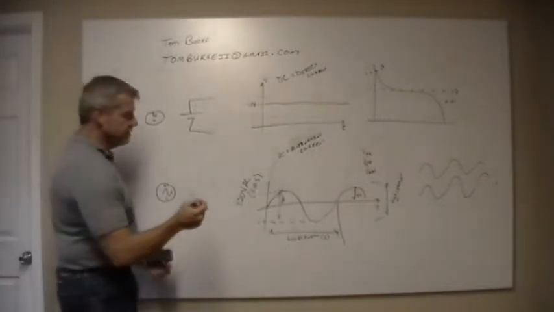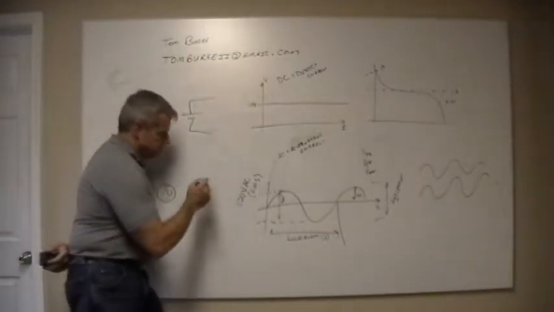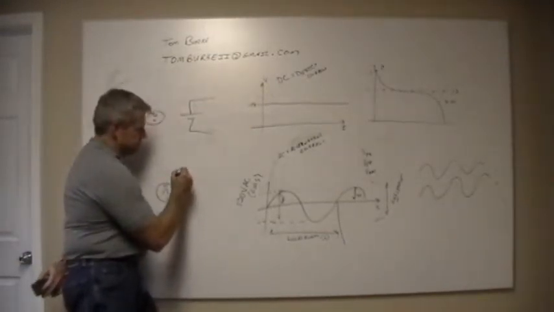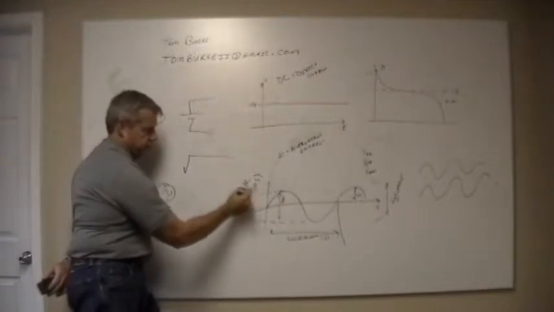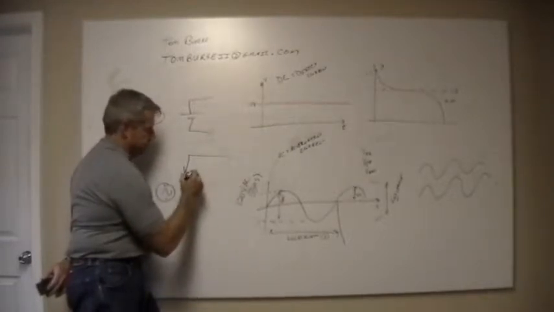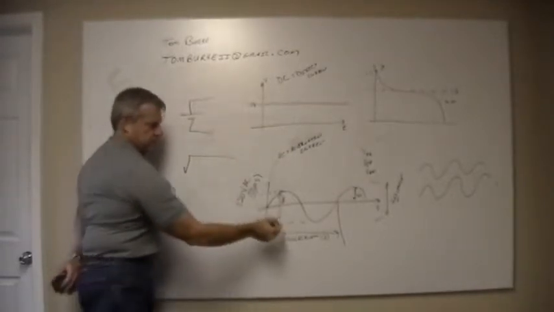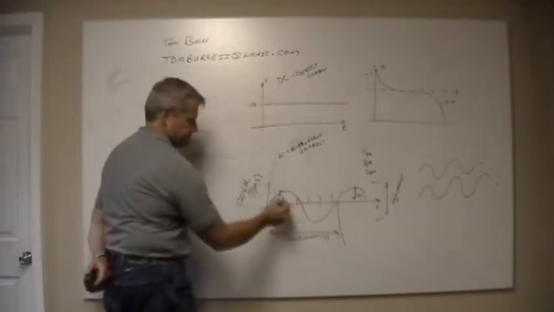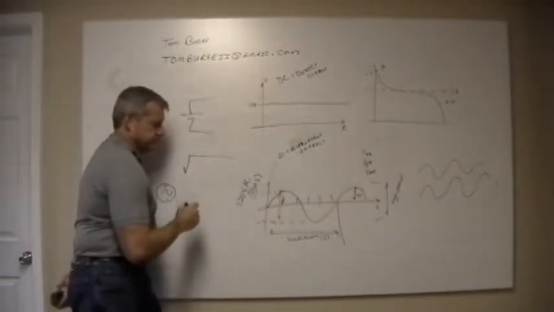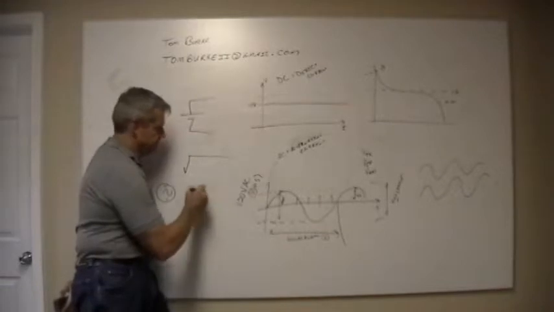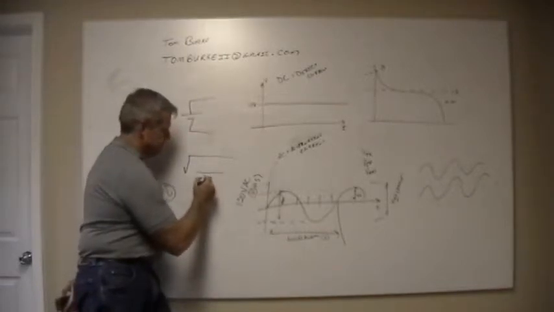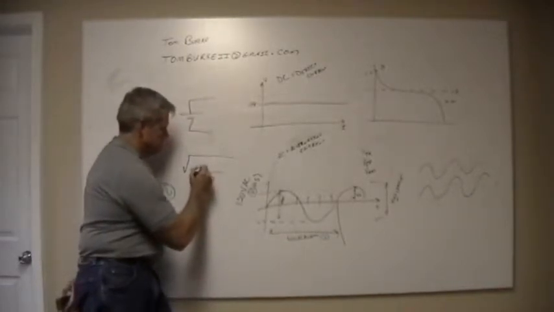It is the square root of the mean. So let's say I break this into 100 pieces. The mean of the voltages squared.